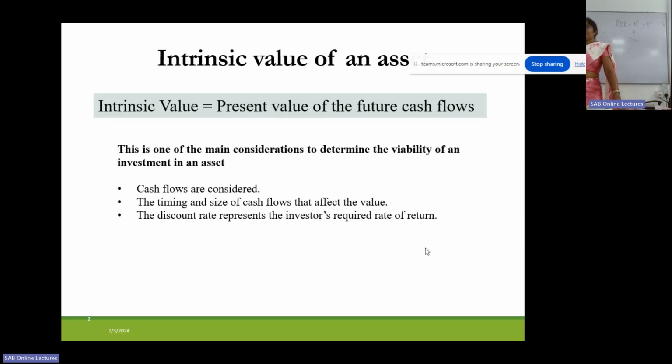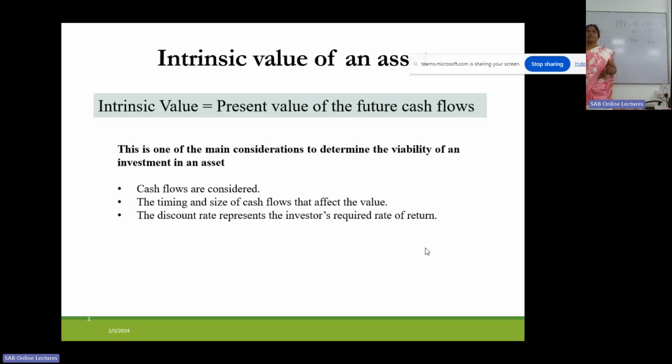But reinvestment risk, market risk and interest rate risk are there. Only the default risk or credit risk is absent. So this risk-free rate of return reflects the time value of money.